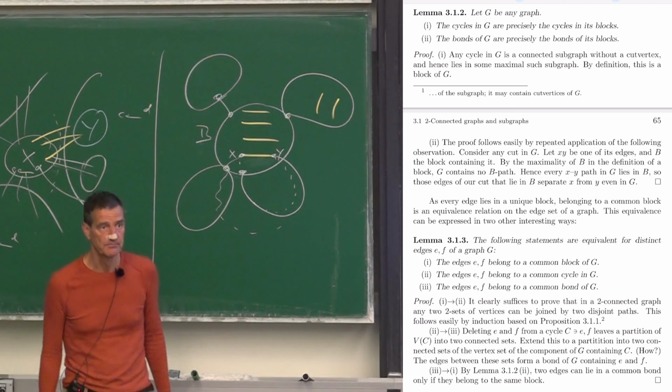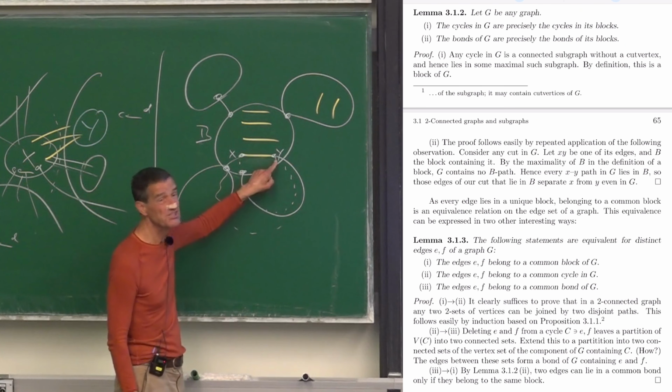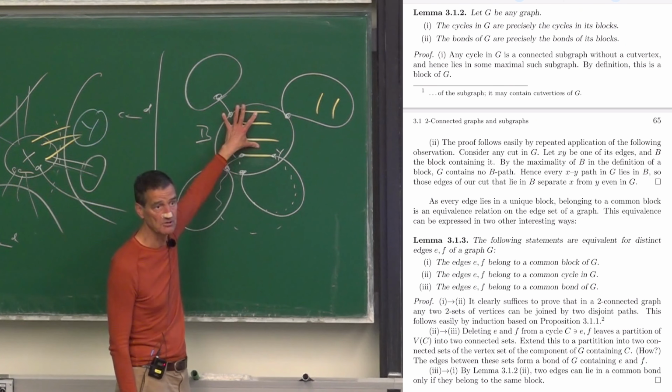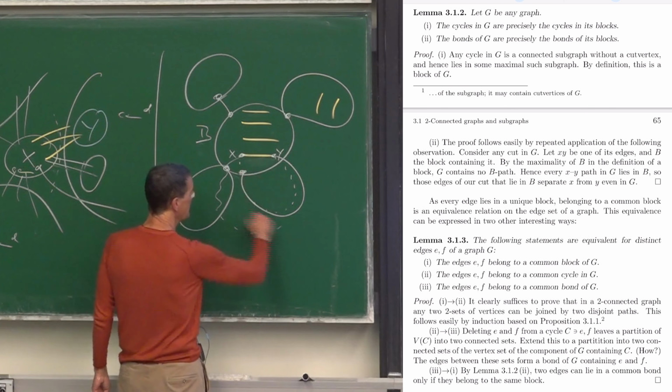Because B is cut point free. B plus this path is still cut point free. So B was maximal with this property. Okay, so there can't be a path from X to Y that leaves B.